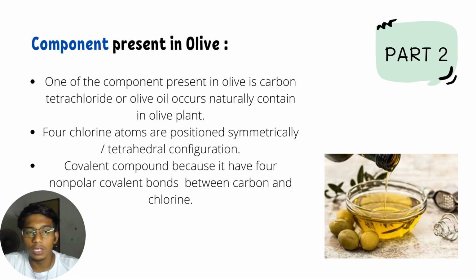One of the components present in olive is carbon tetrachloride, which occurs naturally in the olive plant. Four chlorine atoms are positioned symmetrically in a tetrahedral configuration, and it is a covalent compound because it has four nonpolar covalent bonds between carbon and chlorine.